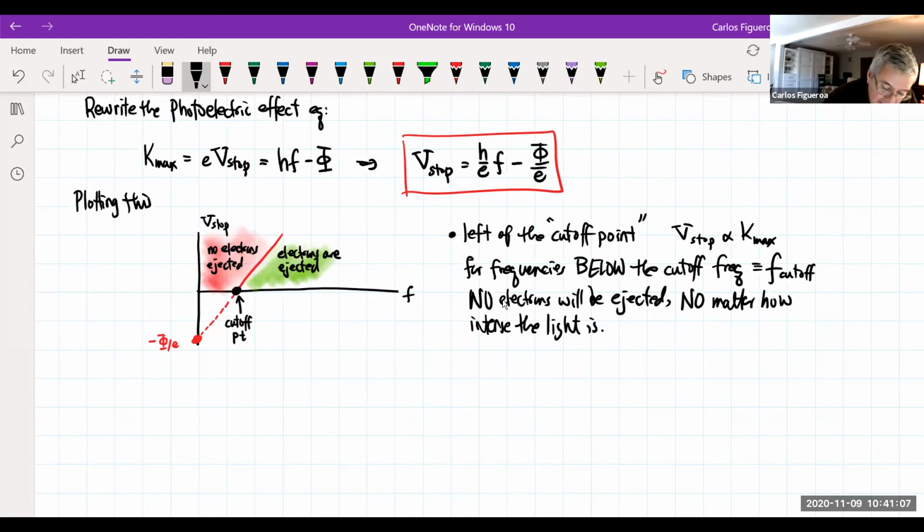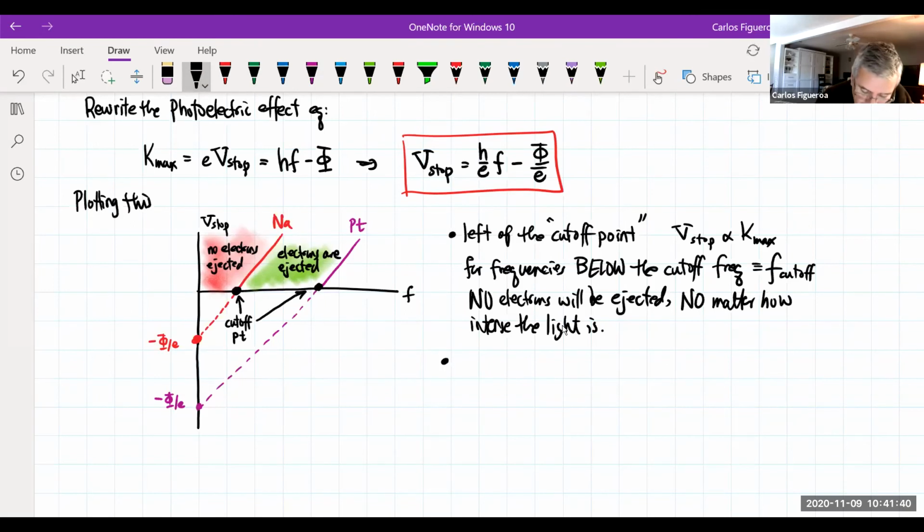So let's say that this is sodium. Earlier we said that sodium had a really low value, but I could have a different metal. And what you'll find here is that I could have a metal that goes like this. I think we called this platinum last time. So platinum is a different metal, and here's its cutoff.